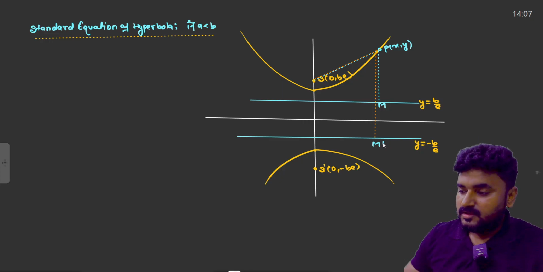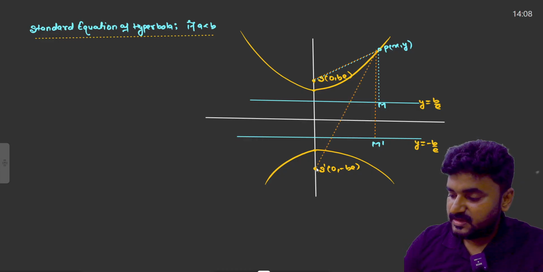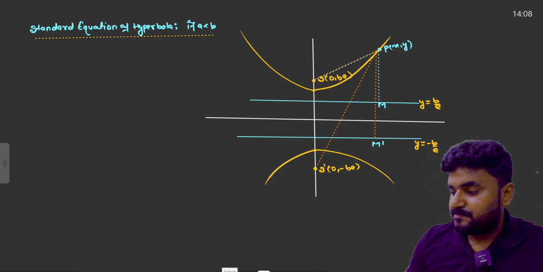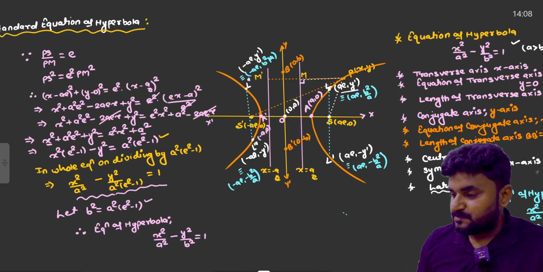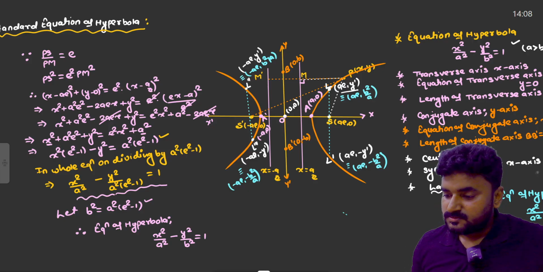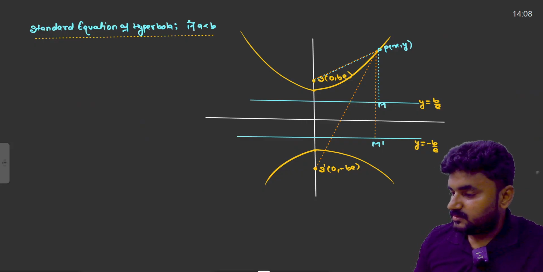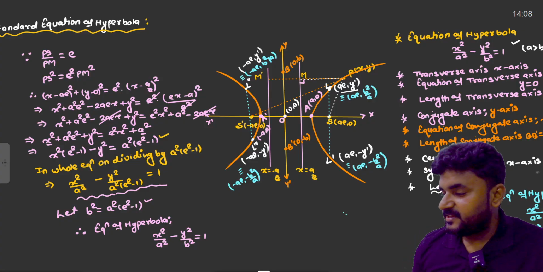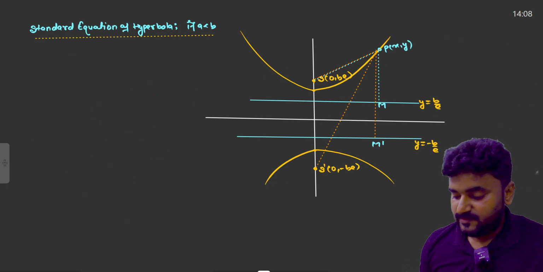Now you can join P S dash and P M dash. In the previous page you can see I have taken P S dash and P M dash, similarly here also.